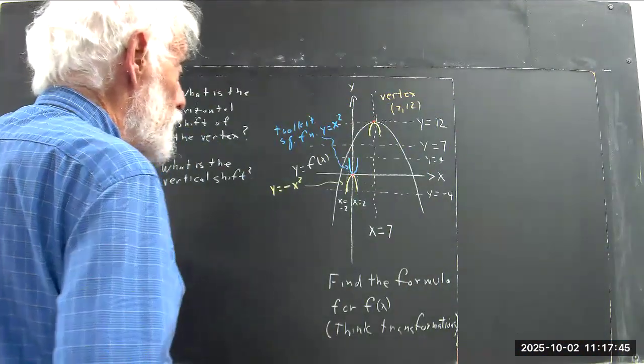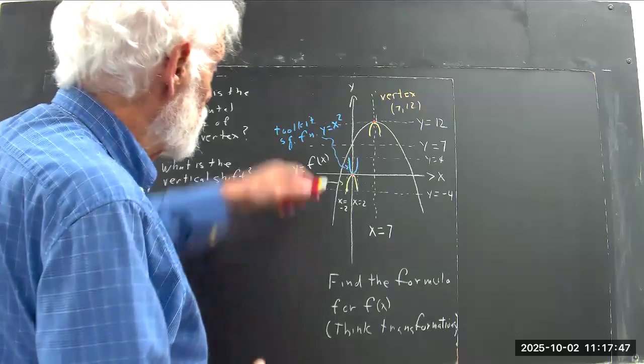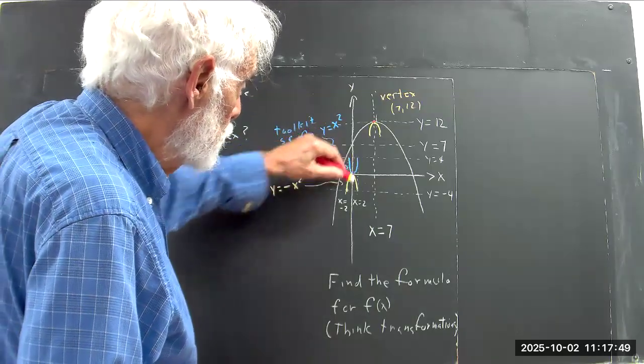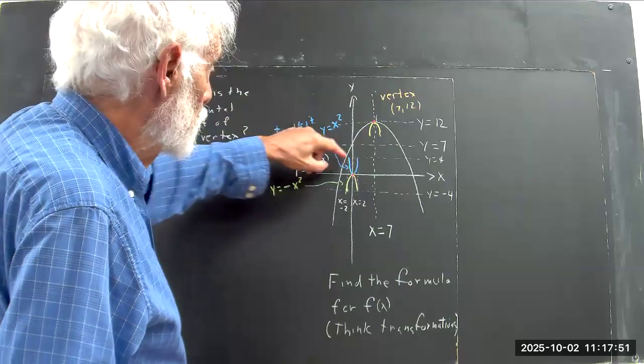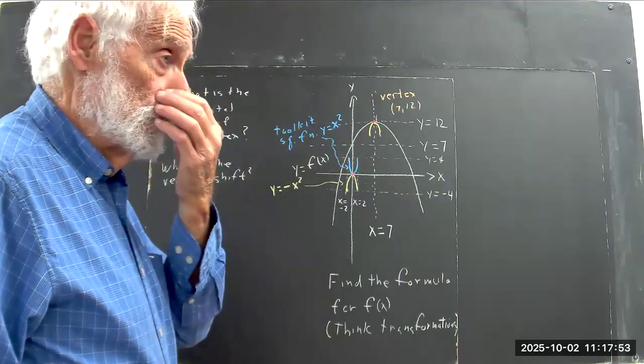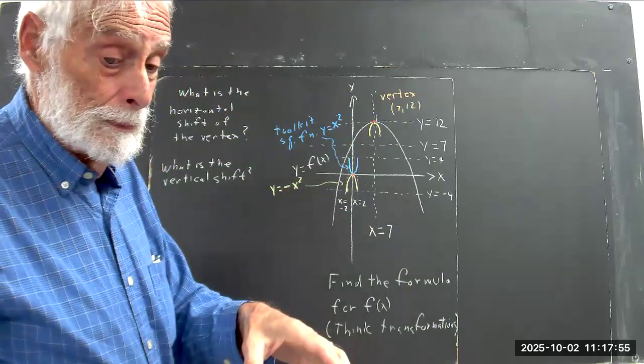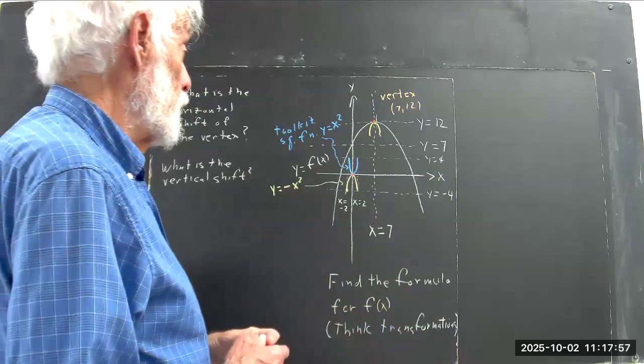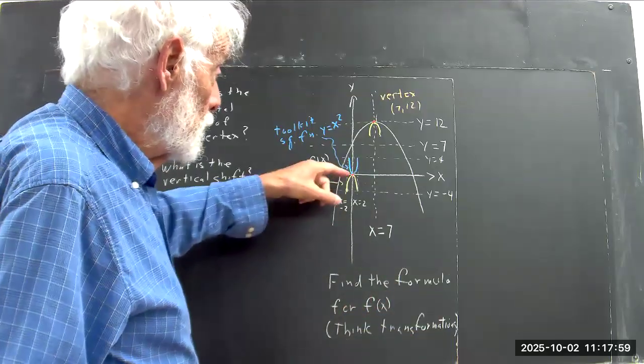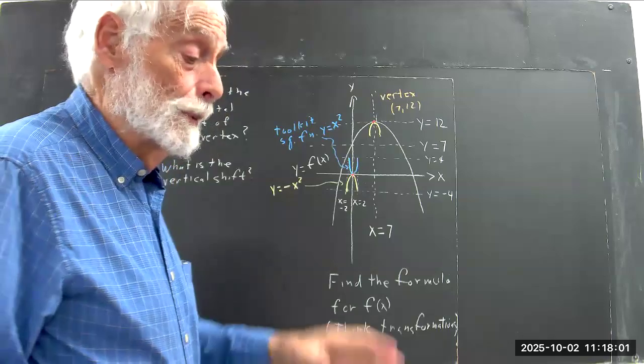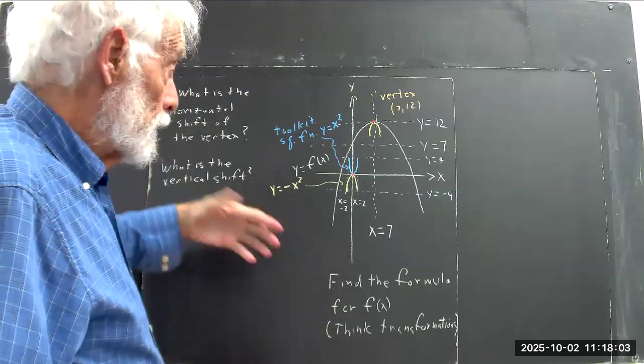Some people are having a little trouble telling me what the coordinates of this point here, the vertex of the toolkit squaring function, are. So think that through if you're watching the video. Some people can tell me, some people are having trouble with this.